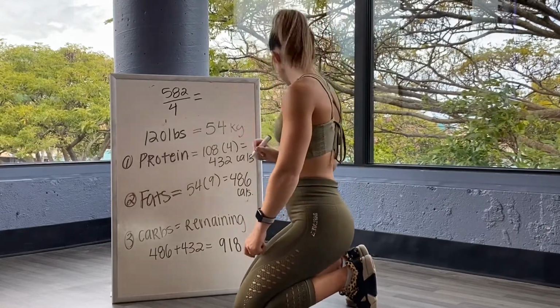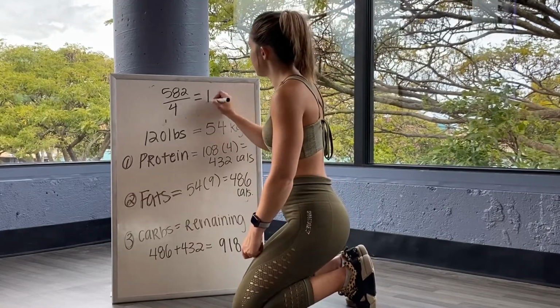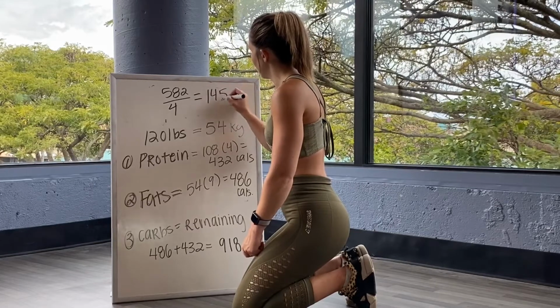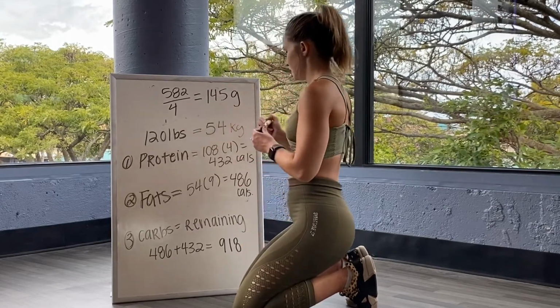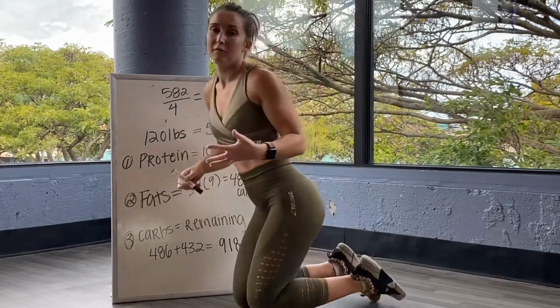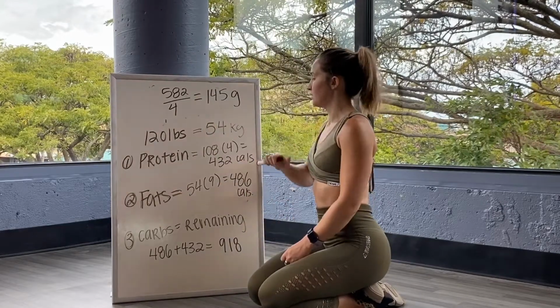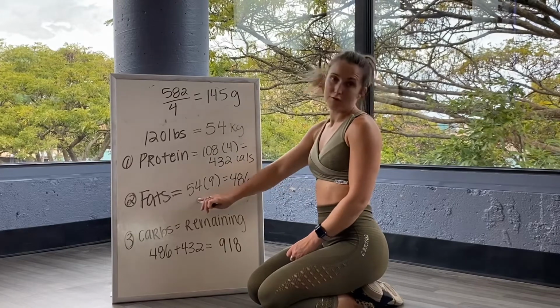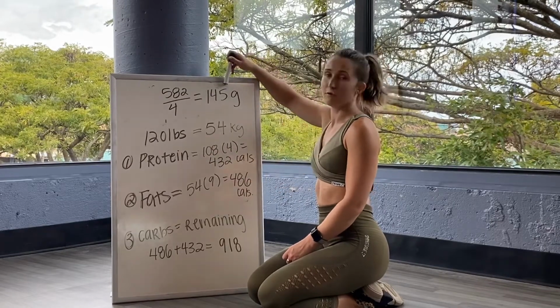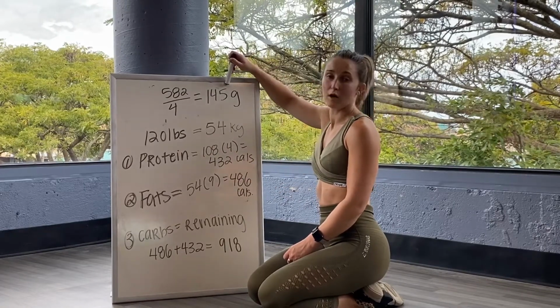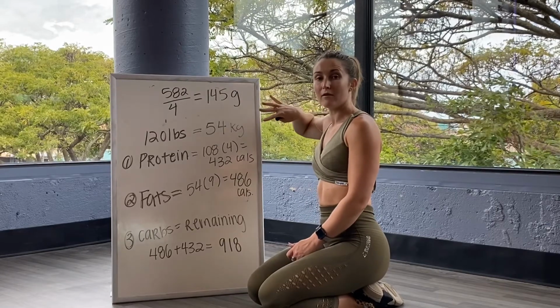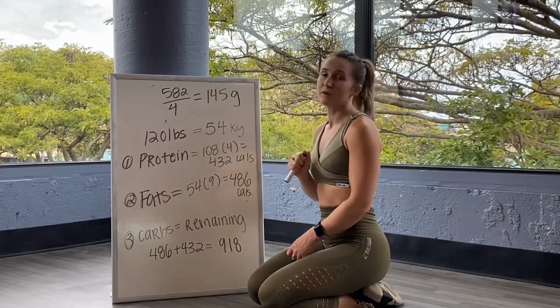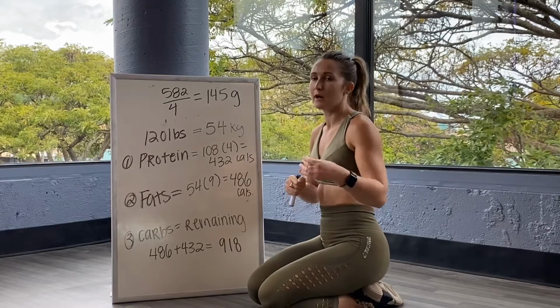And we're left with our grams of carbs, which is about 145 grams. So there we go, and we now have our macros. We're going to go for 108 grams of protein, 54 grams of fat, and 145 grams of carbs. And if you hit these macros spot on, you're going to get your 1,500 calories spot on.